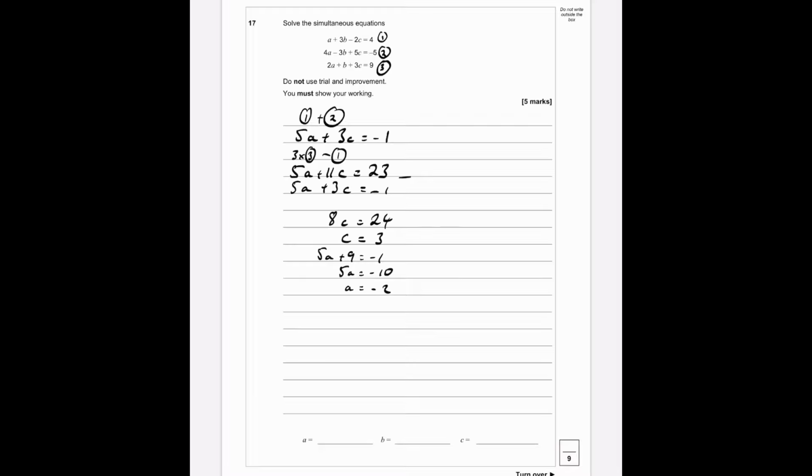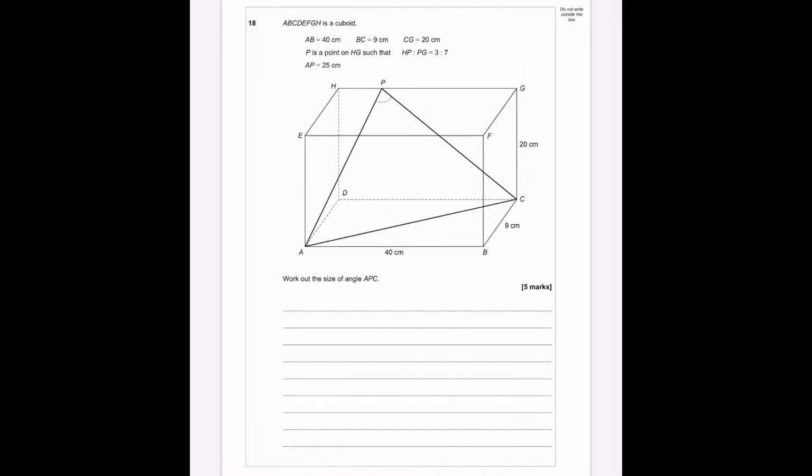Once you've got c is equal to 3, you can go back to any of the other equations that involve c and work out what the corresponding a and b values are. This is just one way of a multitude of different ways of solving this. Any way that ends up with a being -2, b being 4, and c being 3, as long as you've shown clear algebraic working, is fine.